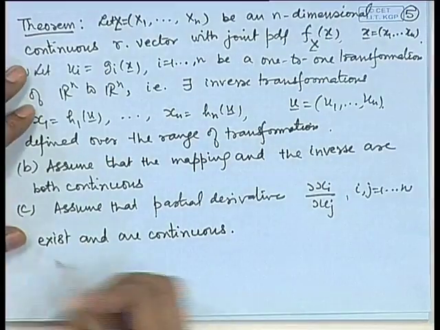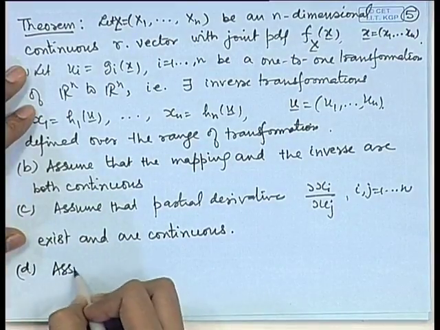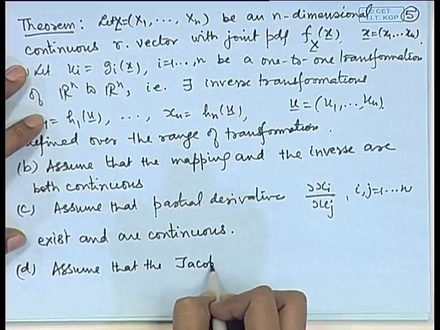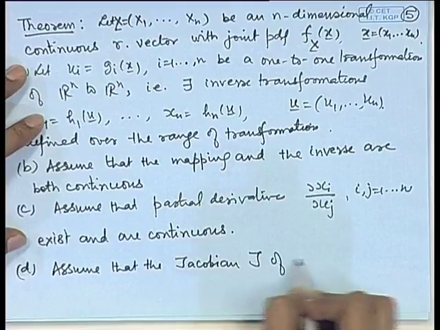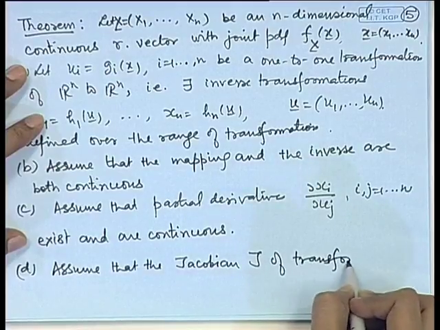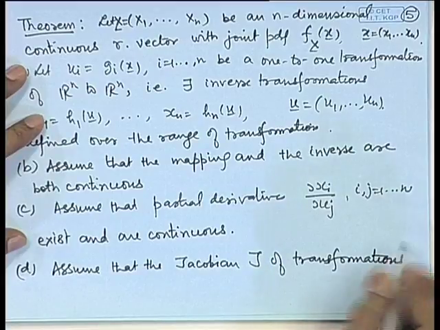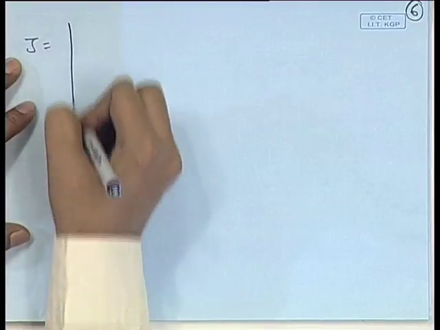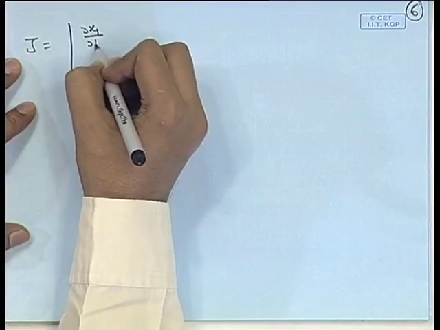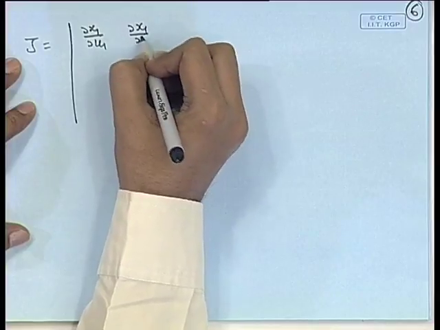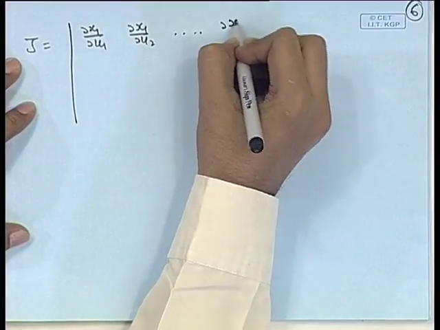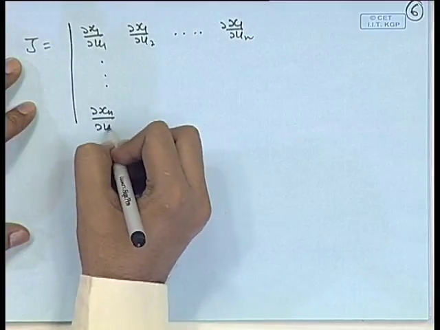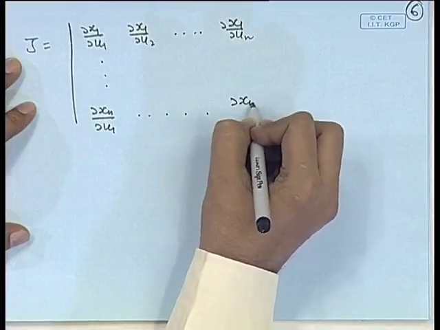Then we define the Jacobian J of the transformation, which is defined by J equal to the determinant of the matrix with entries ∂x1/∂u1, ∂x1/∂u2 and so on, ∂x1/∂un, and so on, ∂xn/∂u1 and so on, ∂xn/∂un.